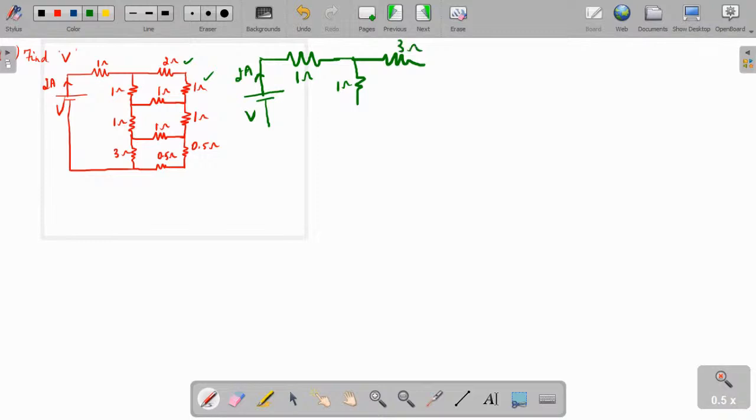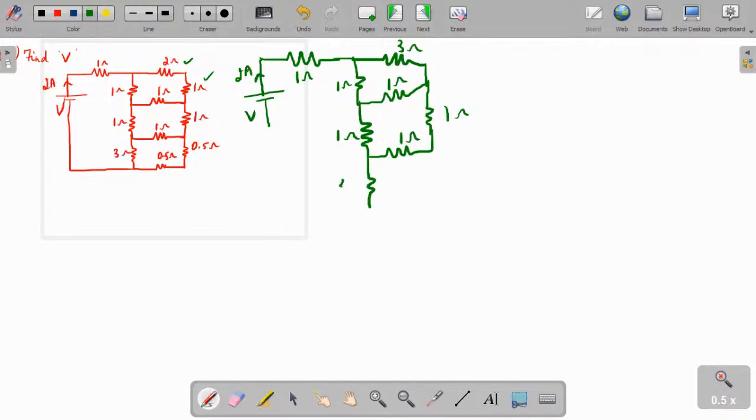This is a 3 ohm resistor. Right, so this is 1 ohm. Then again this is 1 ohm, 1 ohm, 1 ohm.